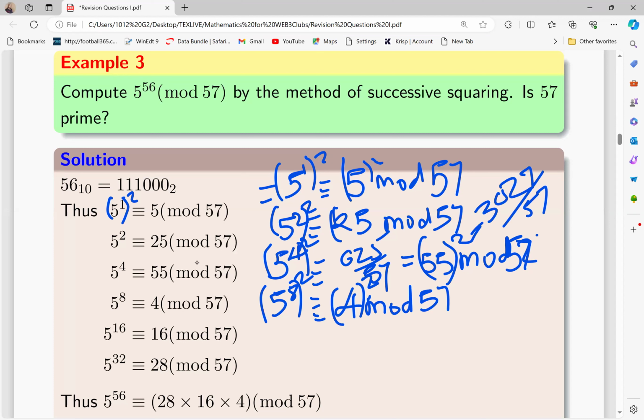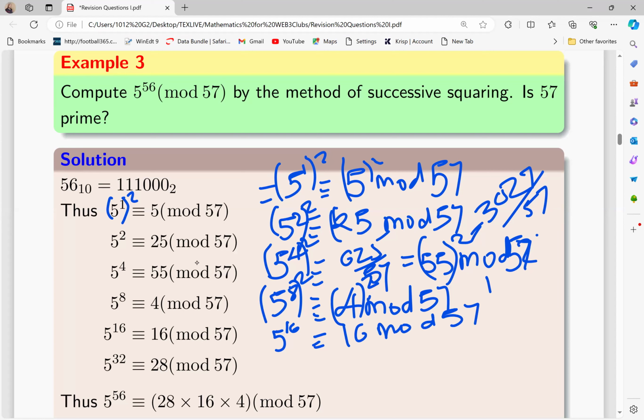So you proceed with the next stage. 4 squared is 16, so you write 16 mod 57.